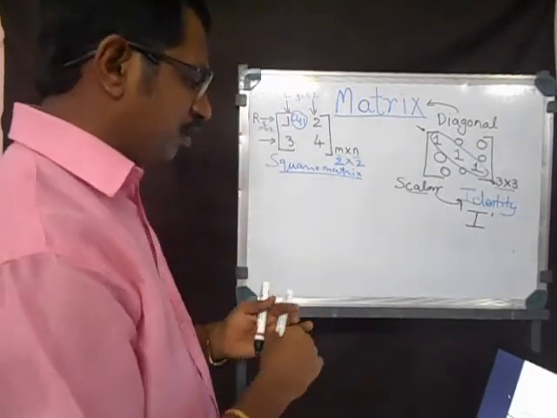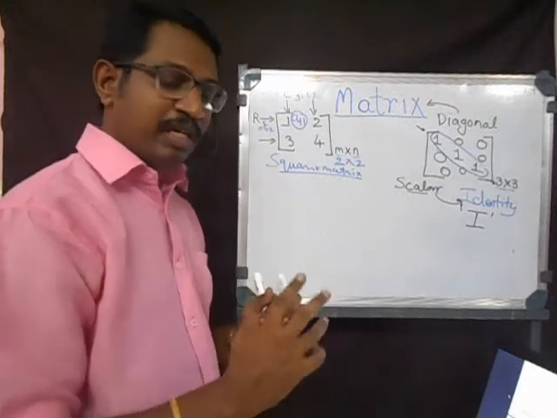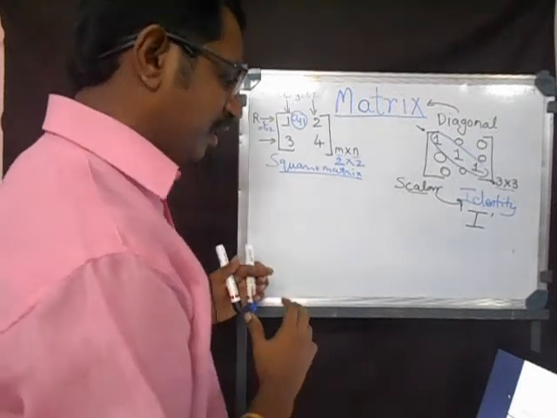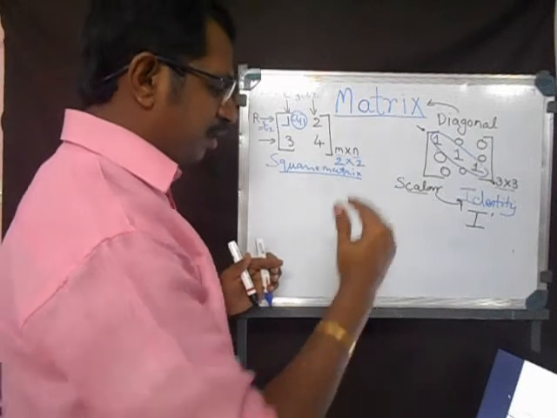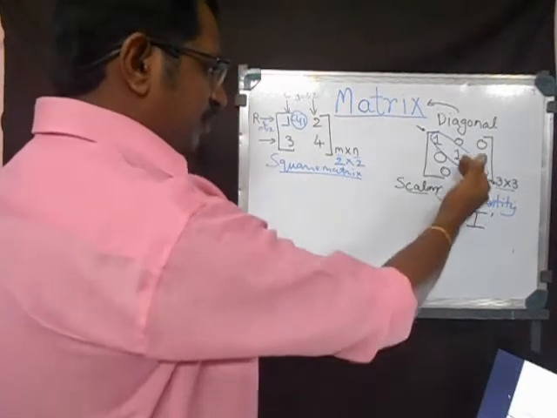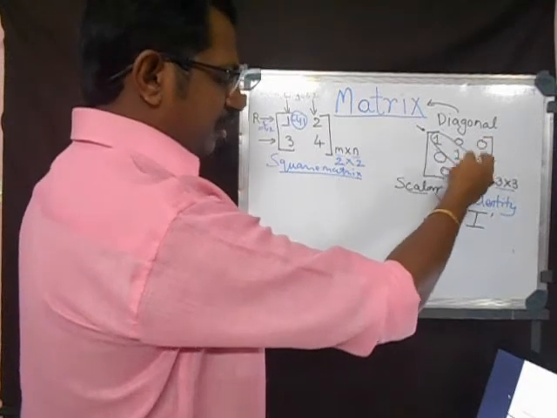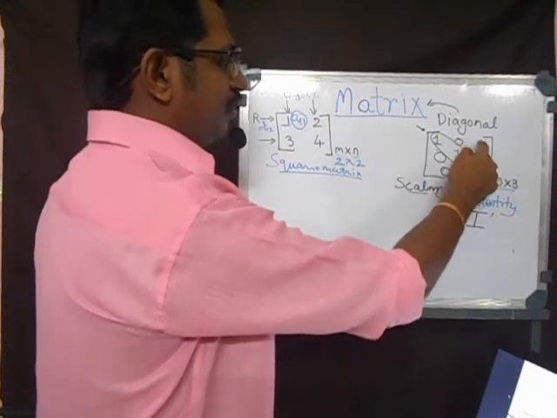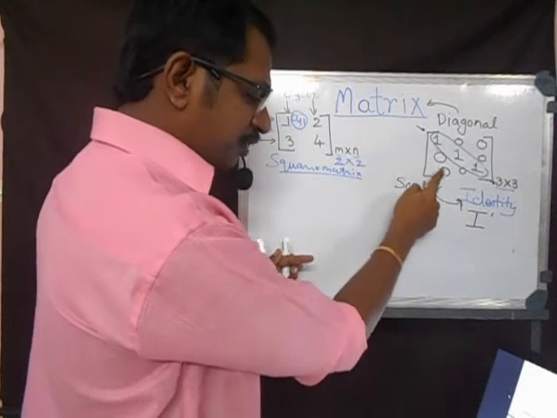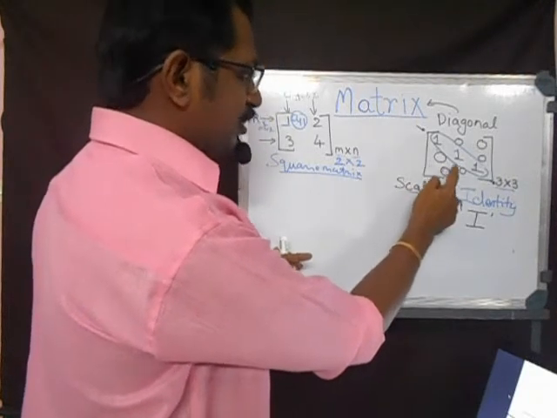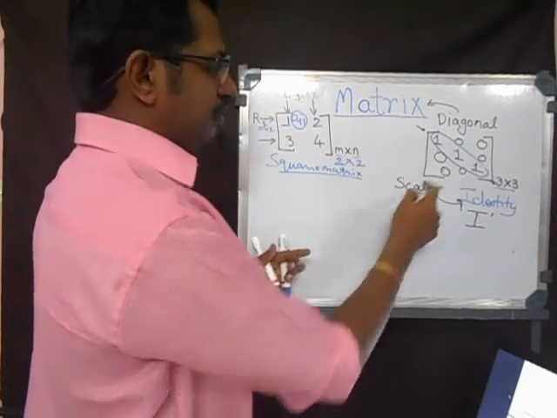Now there is one more matrix called the upper triangular matrix. When you talk about the upper triangular matrix, the elements below the diagonal should be 0. You should remember that.